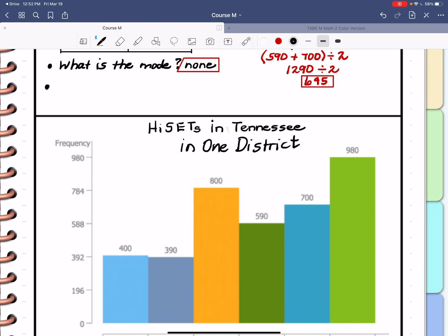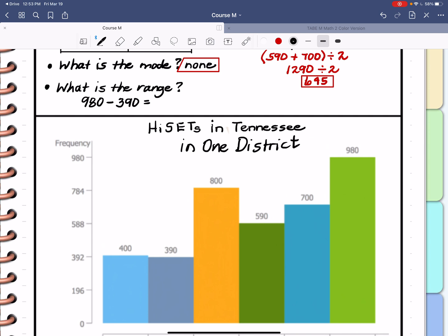Okay. What is the range? This one, it helps to look at the bars also. Find the tallest bar, which is 980, and the smallest bar, which is 390, and subtract those.